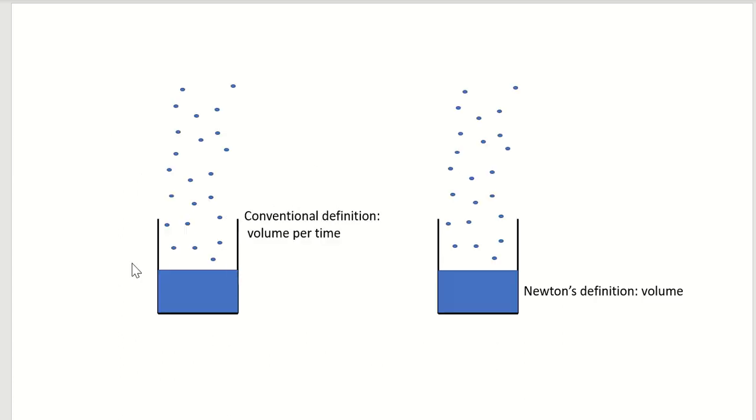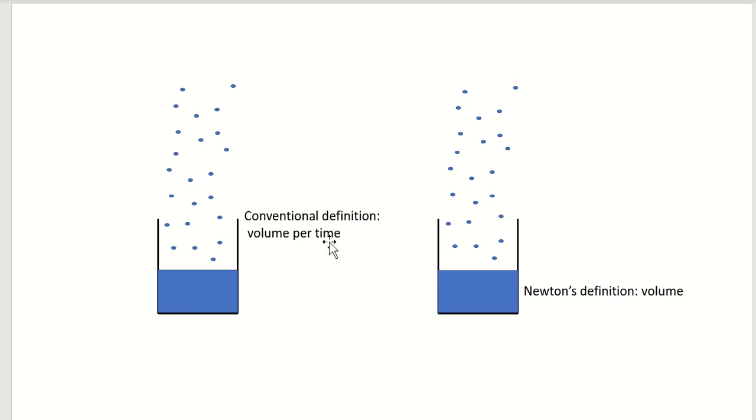Here we can use a bucket analogy, so buckets collecting rainwater. The conventional definition would be about how fast the bucket is filling up at some point in time, or how heavy is the rain at some point in time. And often that is described as volume per time. And you can make this time as short as you want.